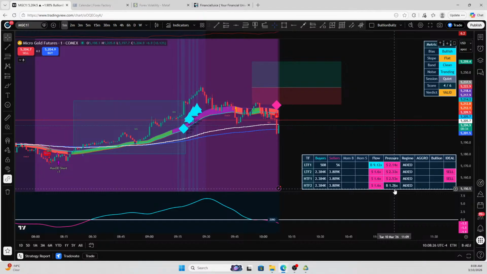Yeah, right now the market is in an indecision phase. As you can see, the box is not highlighted and we're at 1.26. So we're just waiting for now.